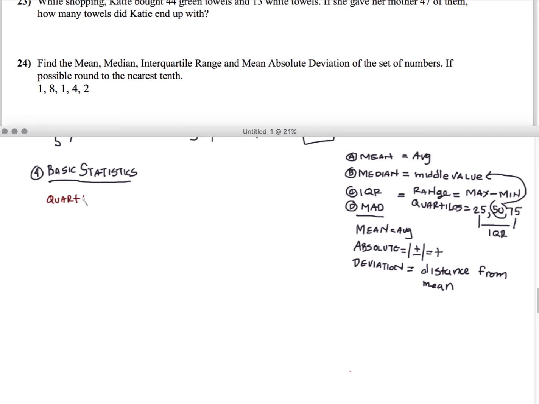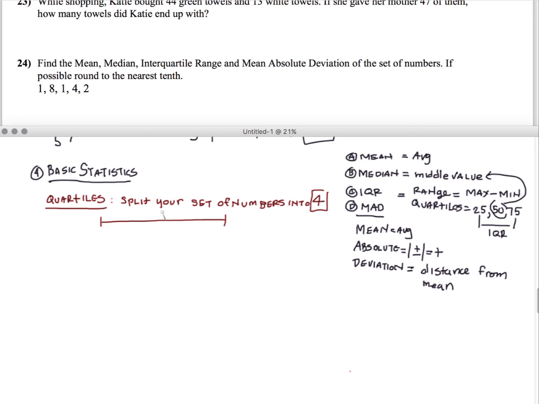Okay, so since 3 of our 4 values have something to do with quartiles, let's go ahead and introduce the concept. Now, quartiles, basically what they do is split your set of numbers into equal groups. Kind of like the way your ruler is split into fractions. Quartiles will split your set of numbers into 4.